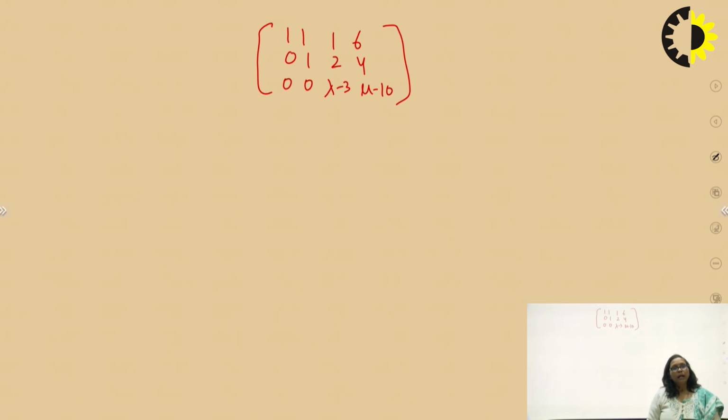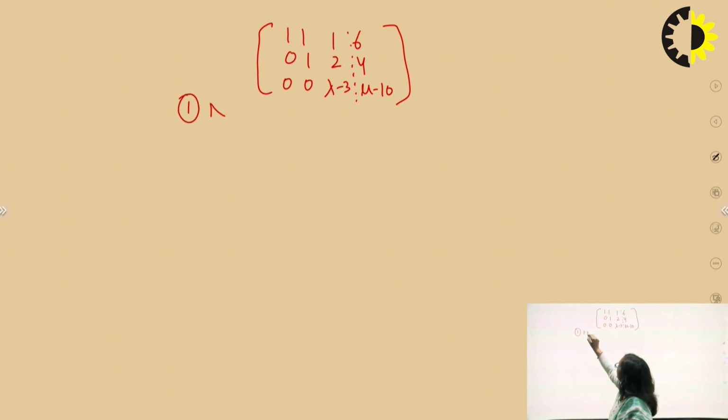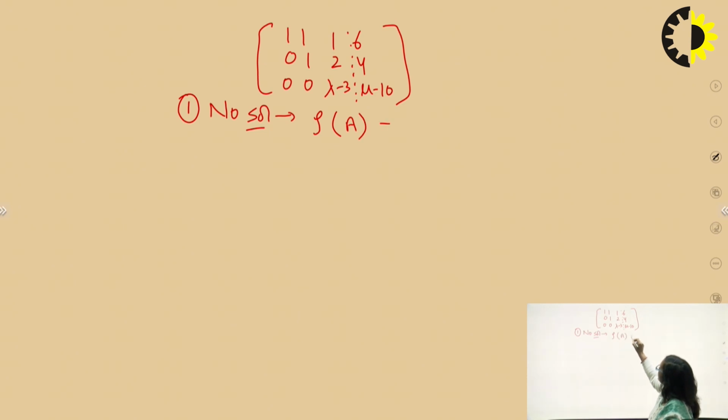Now we have to investigate the values of lambda and mu for these equations. First I am taking the condition for no solution. What is the meaning of no solution? No solution means that the rank of the coefficient matrix is not the same as the rank of the augmented matrix.